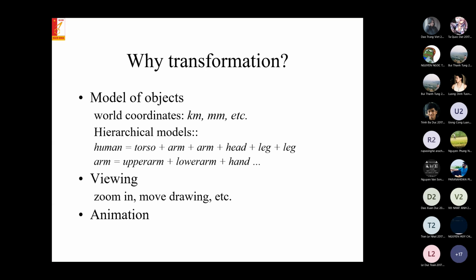The world coordinates can be determined by the distance, kilometers, millimeters, etc. And we can see the example for humans. It includes the torso, arms, two legs, and the arms are composed of the upper arm, lower arm, and hand, and so on.